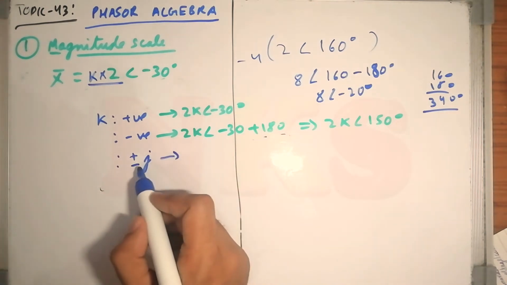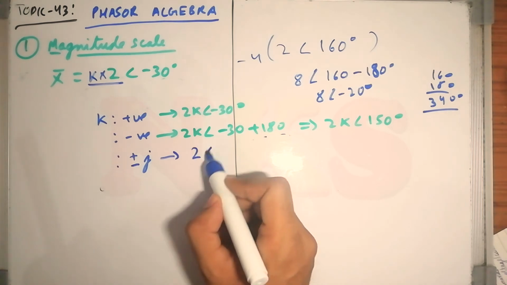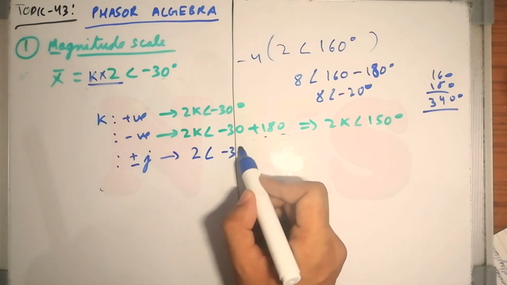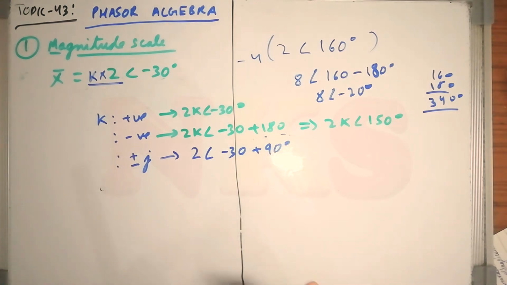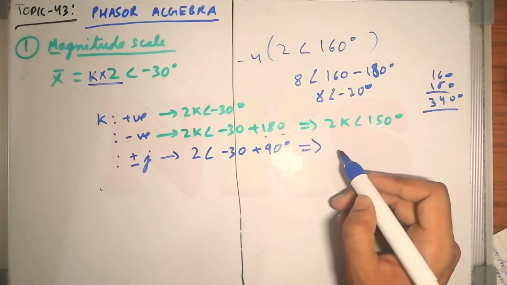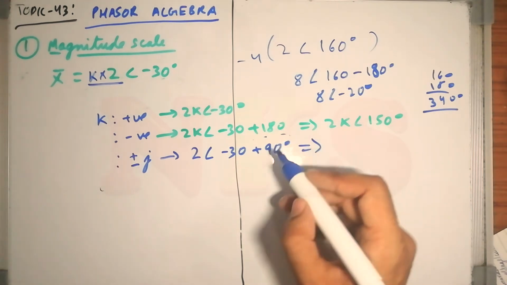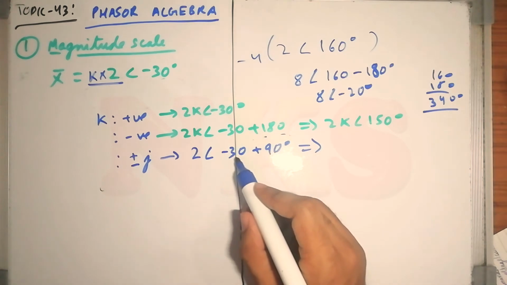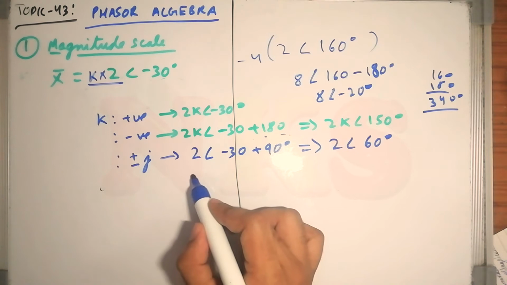Now when it is multiplied by, let us say, plus j, your phasor becomes 2 at an angle minus 30 plus 90. Plus j multiplication gives you a 90 degree anti-clockwise rotation, plus 90. So 90 minus 30 is 60, and your phasor becomes 2 at an angle 60 degrees.